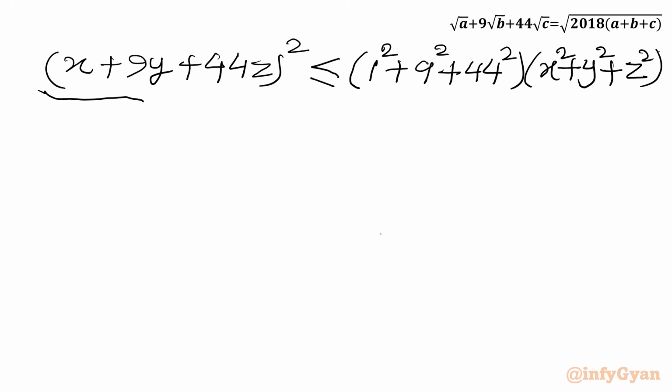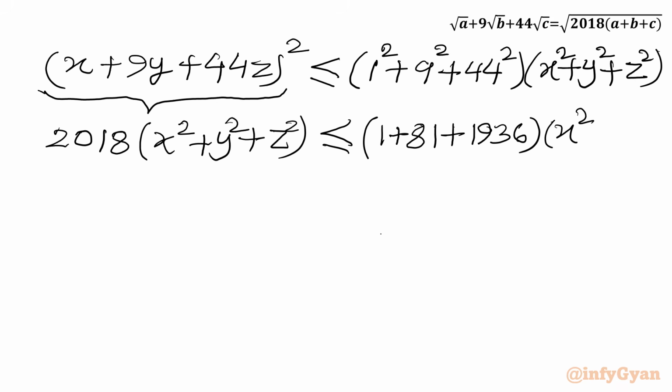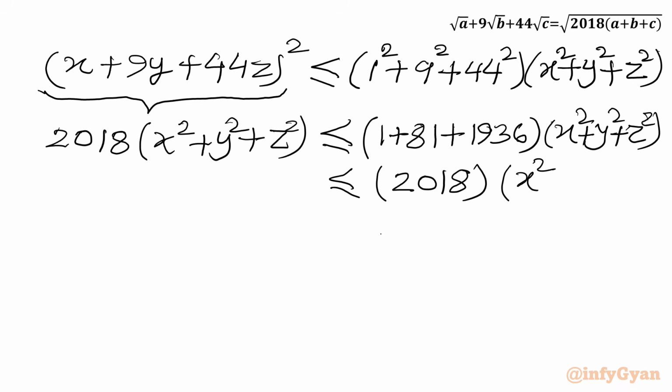Now from equation number 1, we will write here this is 2018 times (x square plus y square plus z square), less than or equal to, we'll simplify over here, 1 plus 9 square is 81, 44 square is 1936, times (x square plus y square plus z square), which will be less than or equal to 1 plus 81 plus 1936, which is 2018, times (x square plus y square plus z square).